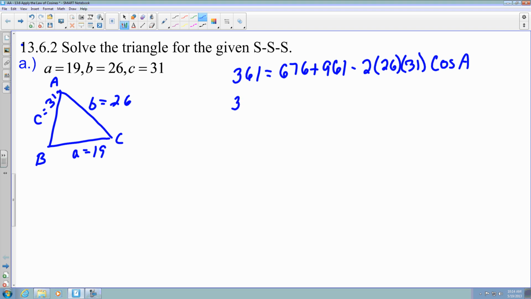So let's solve these out. So I got 361 equals, and then 676 plus 961 gives me 1637 minus 2 times 26 times 31, which gives me 1612 cosine of A. Now again, we're just solving it like cosine of A is a variable, so let's subtract 1637 from both sides.